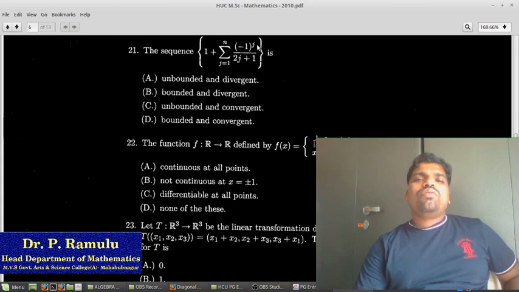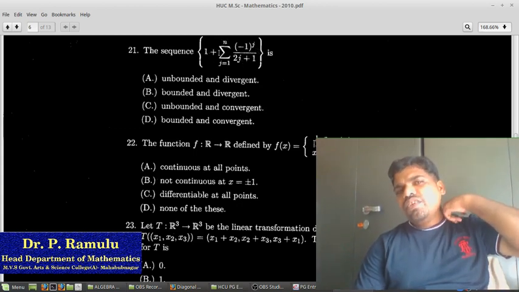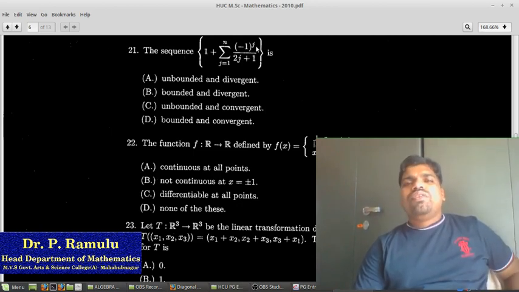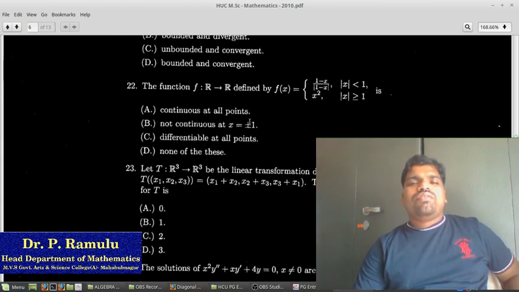That means this sequence converges. The 1 also converges, so this also converges. We know that if an converges and bn converges, then an plus bn converges. So if it converges, we know it is bounded. That means the answer is D, bounded and converges.